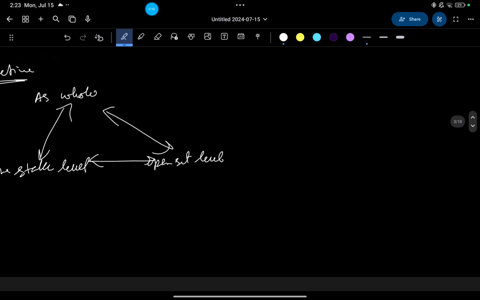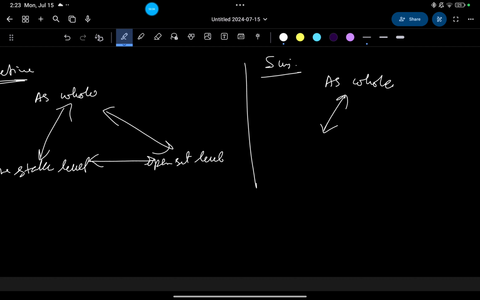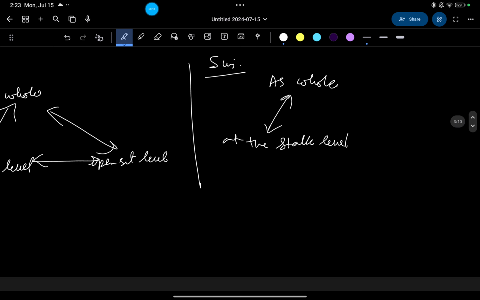But once the picture comes to the surjectivity case, surjectivity as a whole is equivalent to surjectivity at the stalk level, but this may not be surjectivity at the open set level.